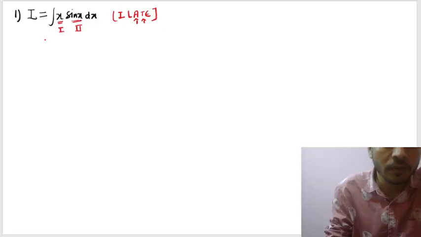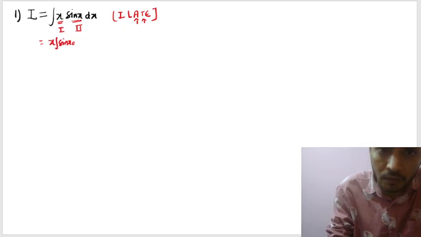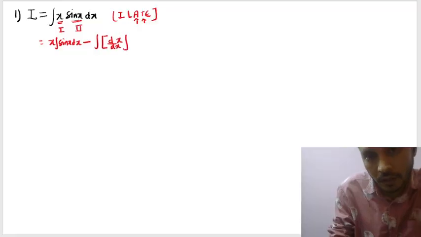So now apply the formula of the by parts concept. x, the first function, outside, integration of the second function, that is sin x into dx, minus integration, in bracket, derivative of the first function, that is d/dx of x, and then integration of the second function, that is sin x into dx, and then bracket close into dx.